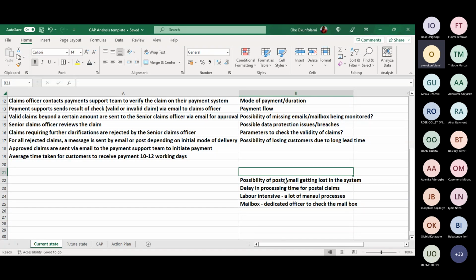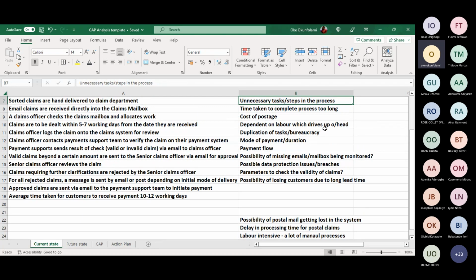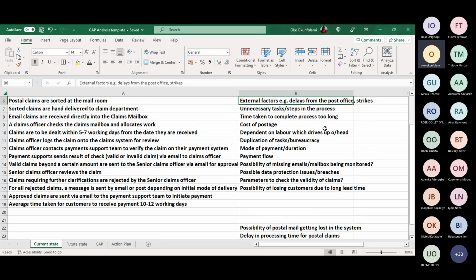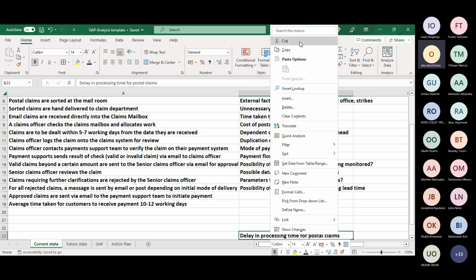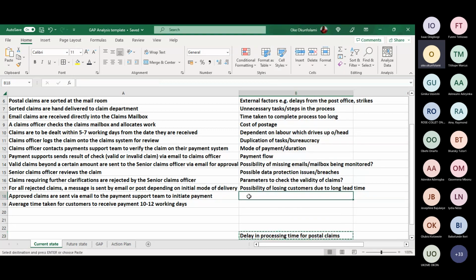Possibility of postal mail getting lost in the system. I think we said that under external factors and stuff like that. So that can go under that one: delay in processing time for postal claims. As you can already see, it will take longer for postal claims to be processed, because they will first of all send the claims in by post.